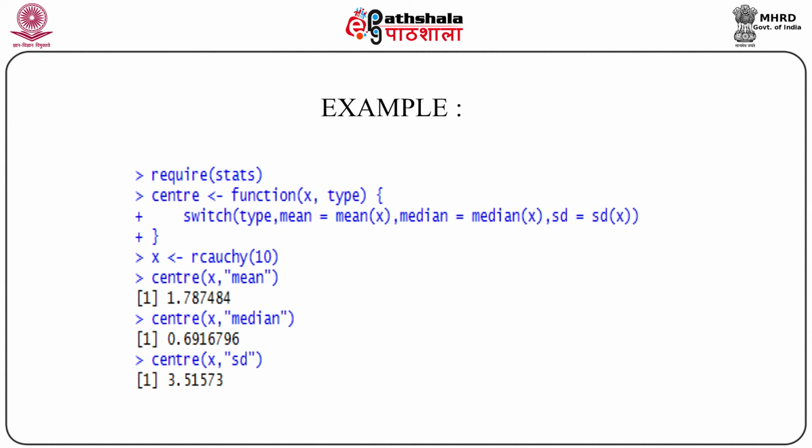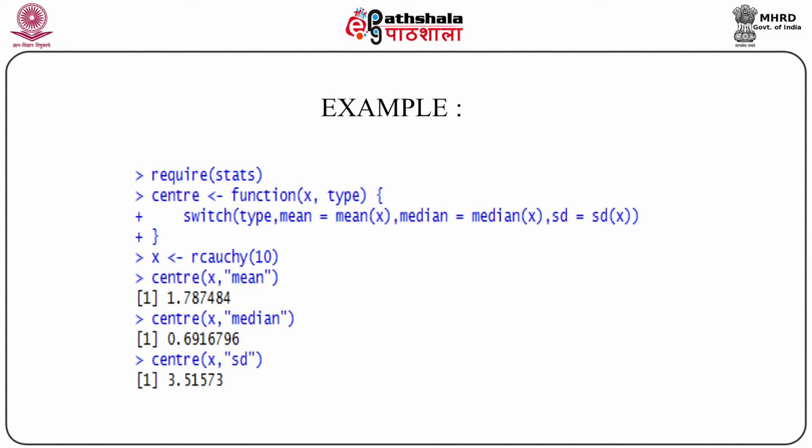Here, we are considering some examples. Let's look at this. Here, the center function is written in such a way that we can input the data in the form of x and use the function which will be applied to the data in the place of type.